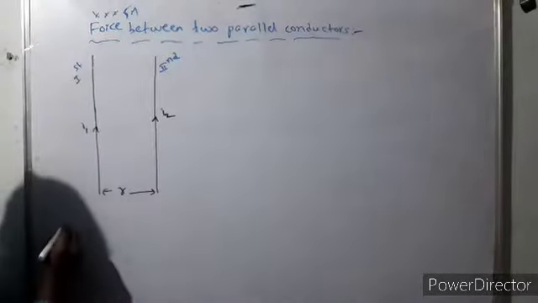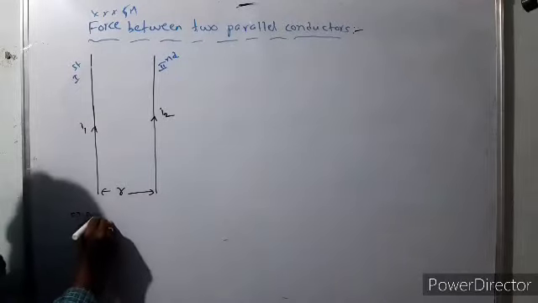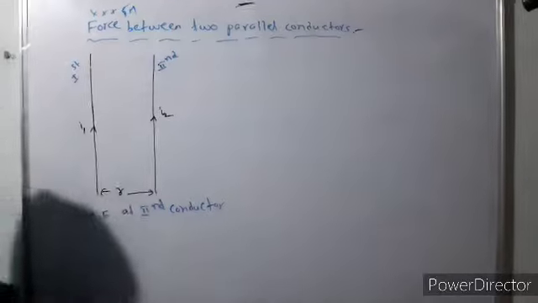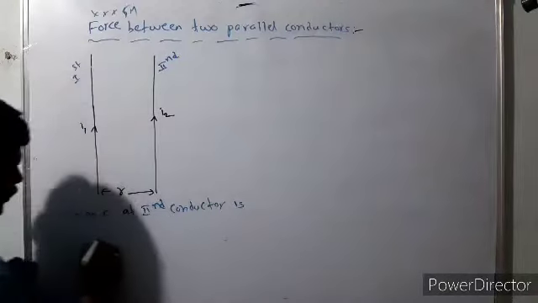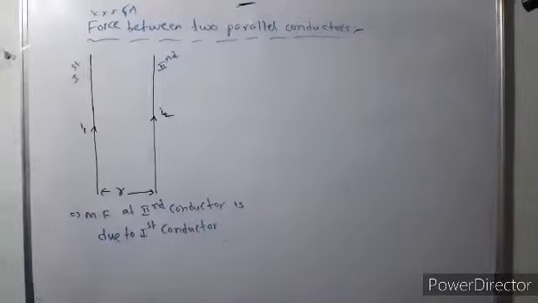Now if you observe here, the magnetic field at the second conductor is due to the first conductor.